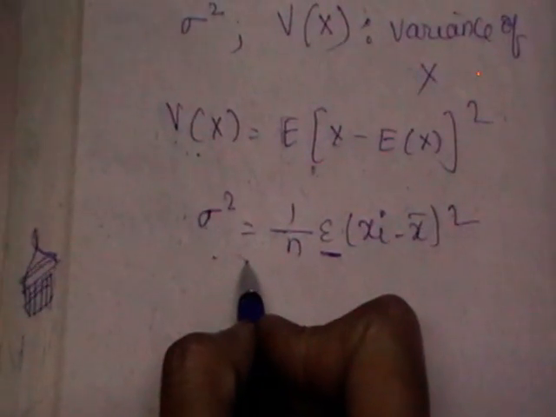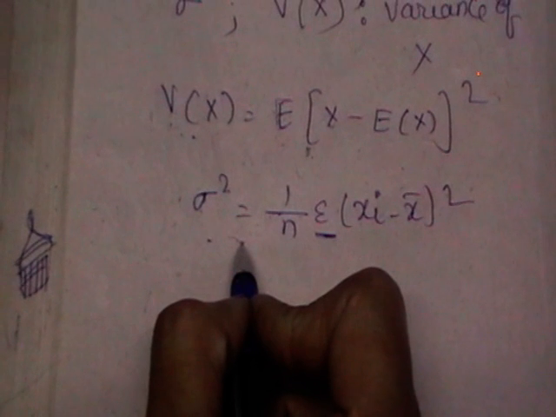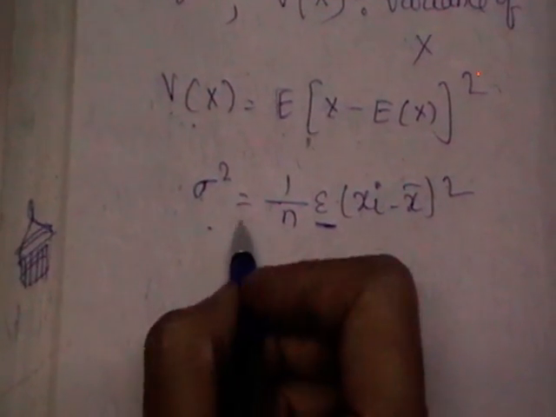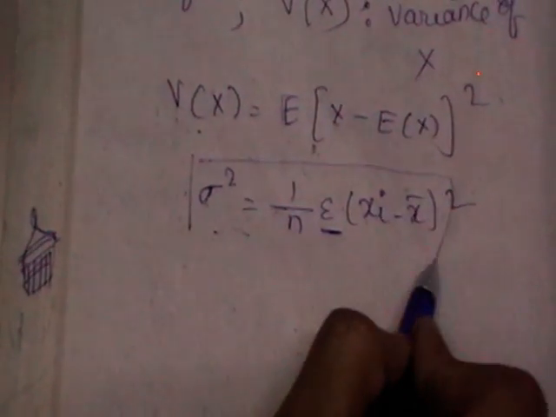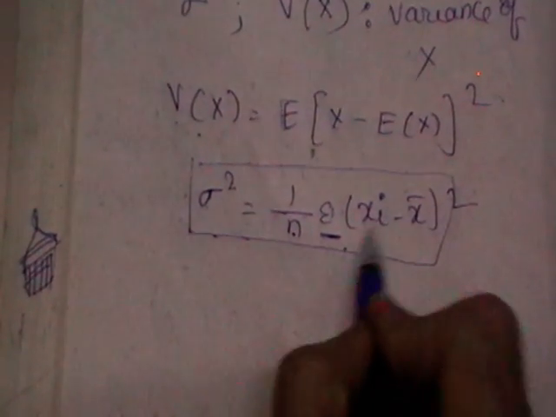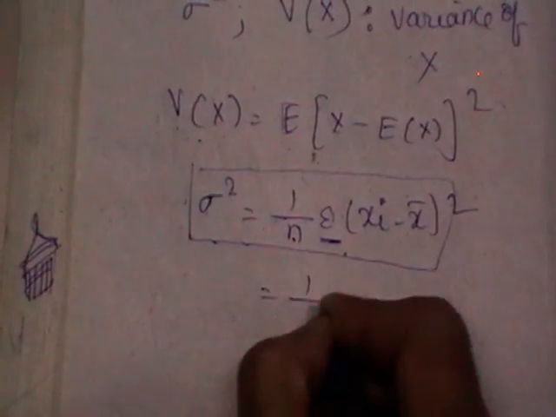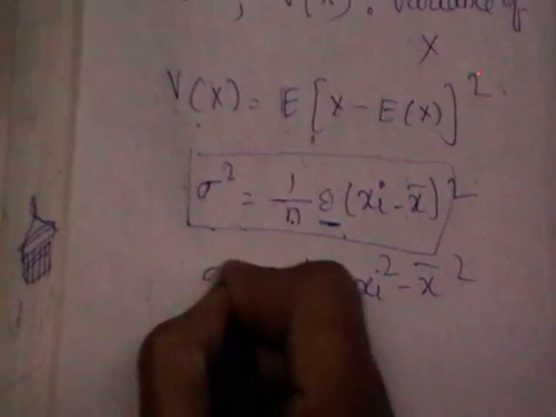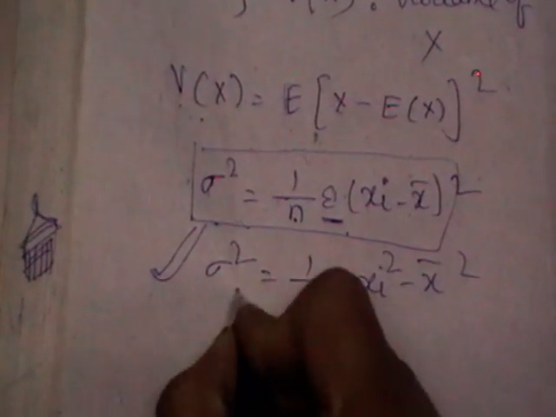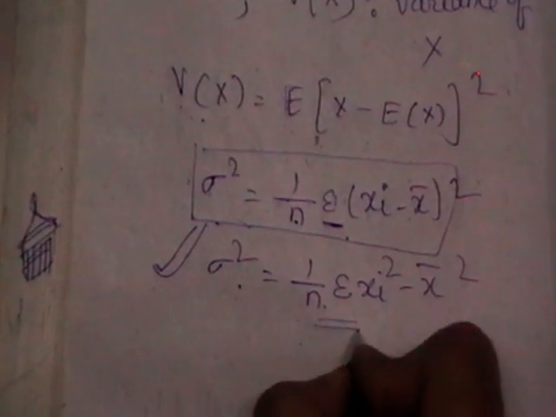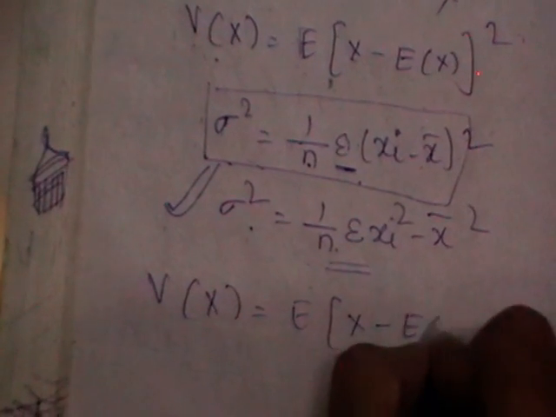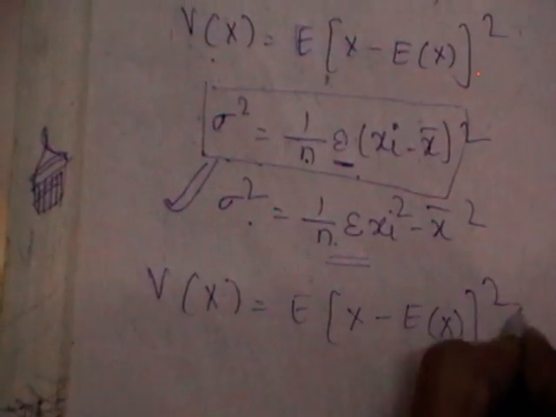If you go back to the very first pages after quartile deviation, while doing standard deviation, theorem 1 is sigma square is equal to 1 by n sigma xi minus x bar whole square. We simplified this and got the sigma square formula.